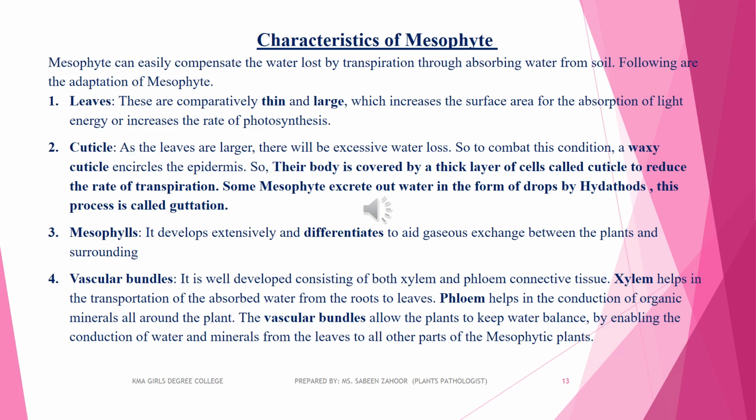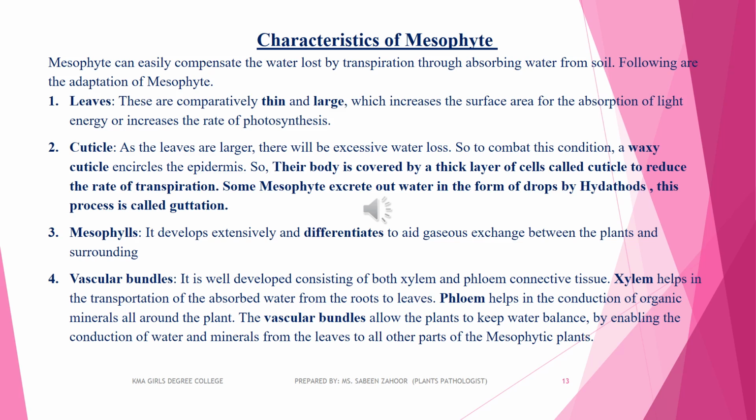Yes. Mesophyll. It develops extensively and differentiates to aid gaseous exchange between the plant and its surroundings. Vascular bundle. It is well developed, consisting of both xylem and phloem conductive tissues.